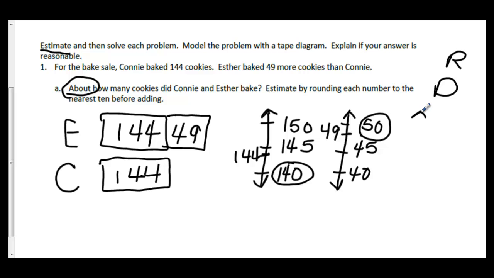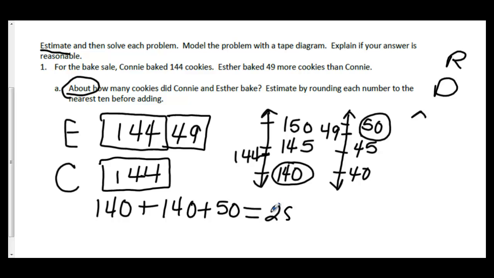I've already rounded 144, so I have 140, how much Connie baked, plus Esther baked 140 plus, not 150, but plus 50. So 140 plus 140 is 280, so I have 280 plus 50. 280 plus 50 equals 330.